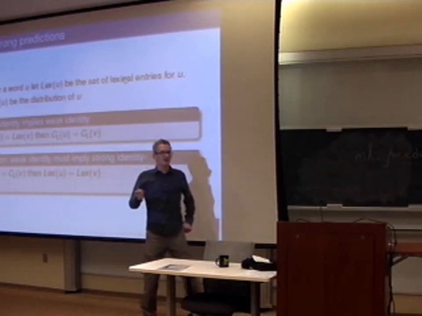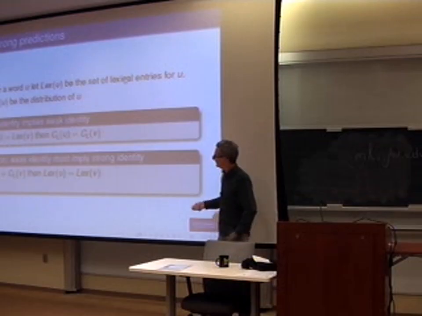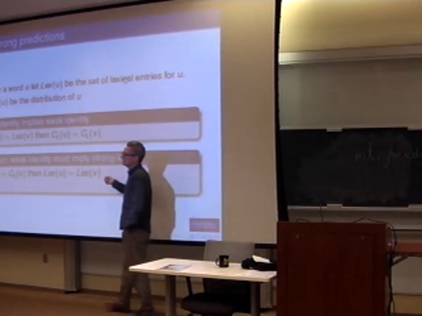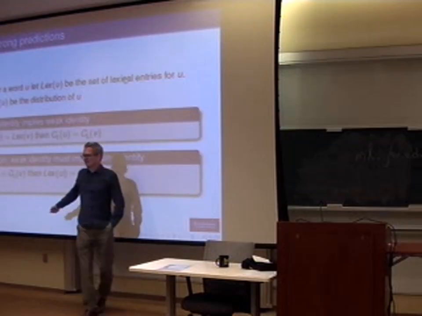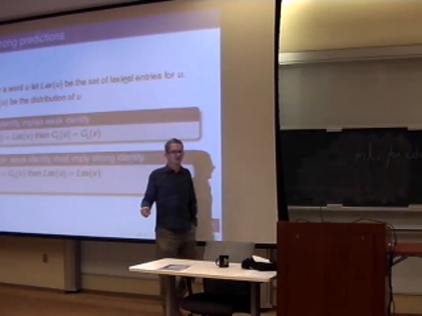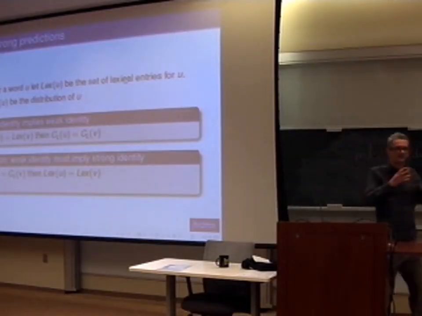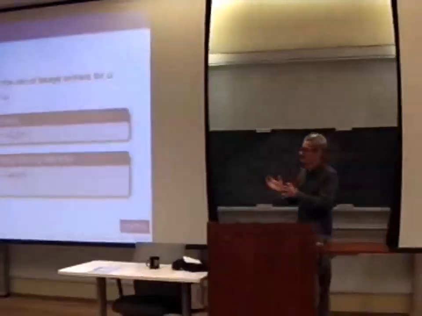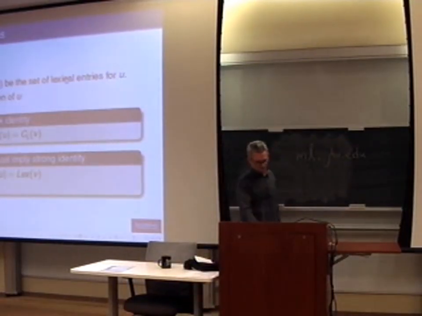What we can say now is that maybe we can predict that the reverse is going to be true, that if two words have exactly the same distribution, then we will say they have to have the same set of lexical items. Okay, so using this sort of technique, if these structures are the right sort of structures, then we would expect these sorts of predictions to be true.